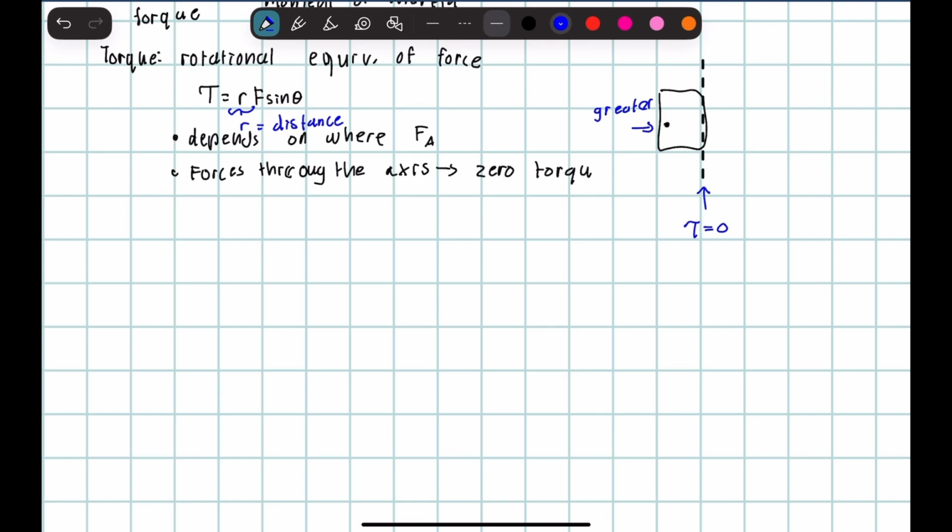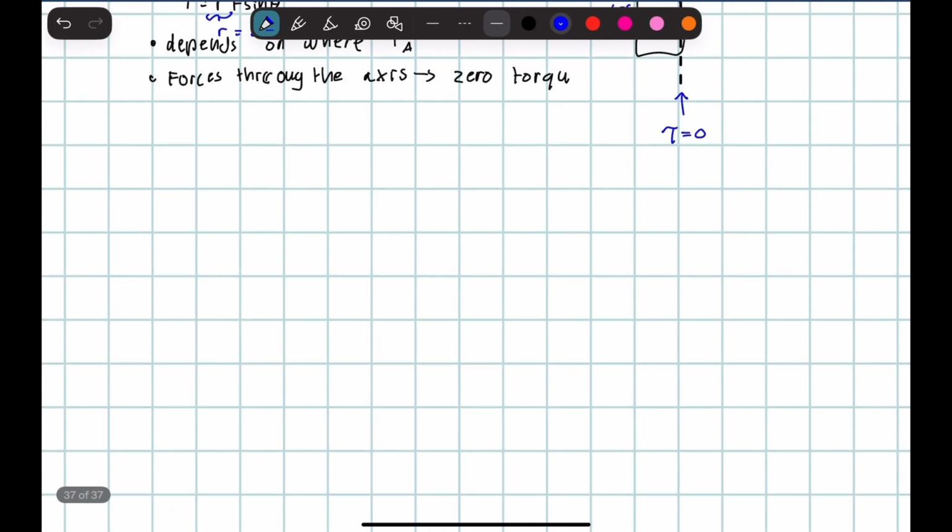And if there's no distance from the axis of rotation, that r is going to equal 0. So when you multiply 0 times F sine theta, that's going to equal 0, so the torque is going to equal 0. Makes sense. And because of the radius, a bigger lever arm means a bigger rotational effect, right? Makes sense.